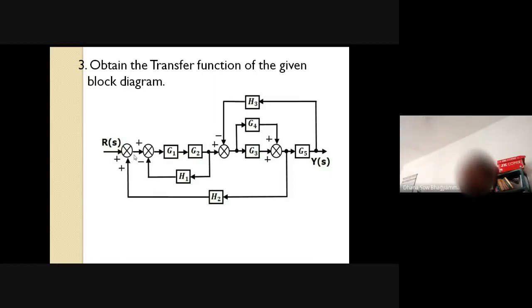These signs are very important. Signs plus, minus and all, they are very important.